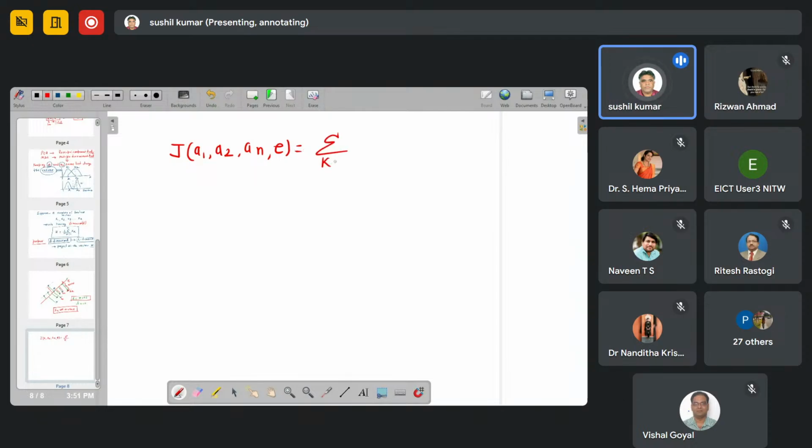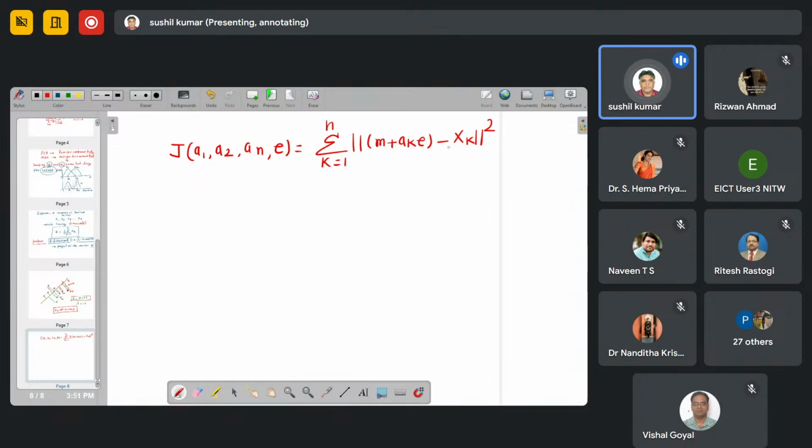Sum for k equal to 1 to n of (m plus a_k e minus x_k), because you are reflecting this particular point on x_k, the line, and the square of this. So this is actually called the mean square error.